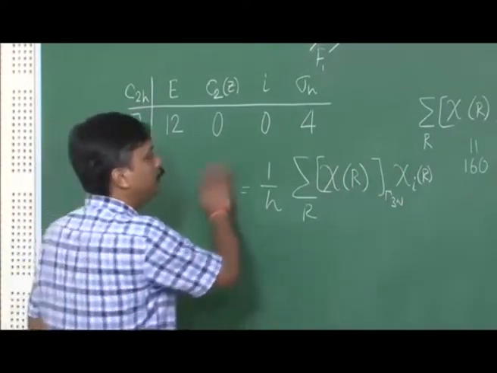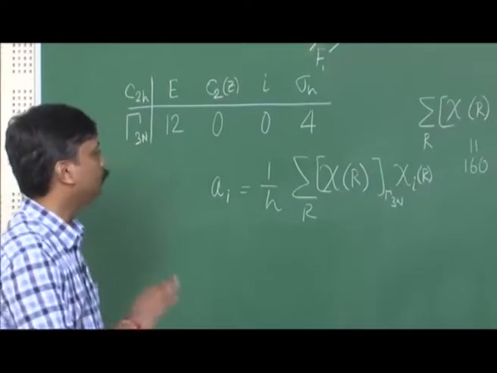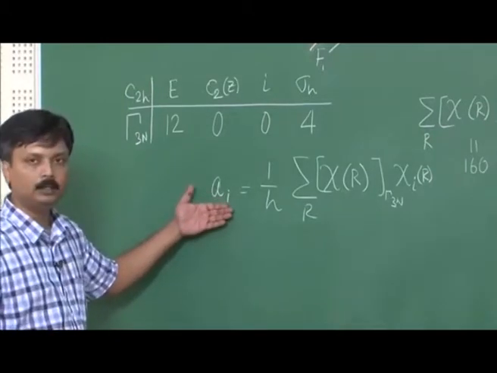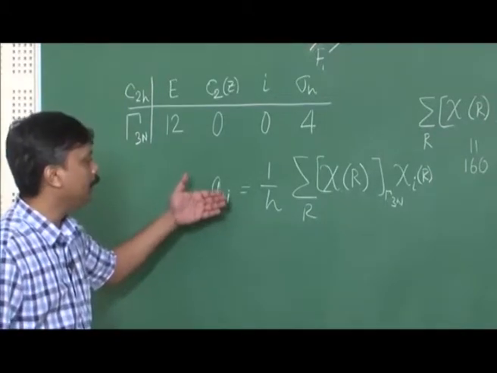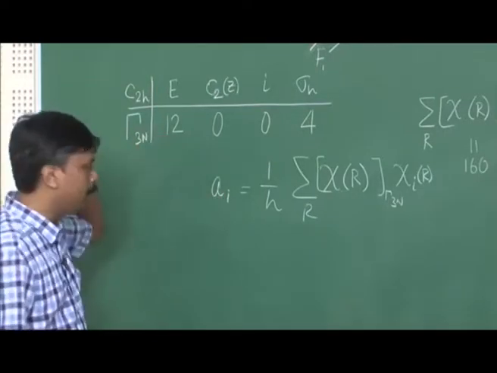So if I use this formula, then I can find out the number of times any particular irreducible representation will occur in this reducible representation.